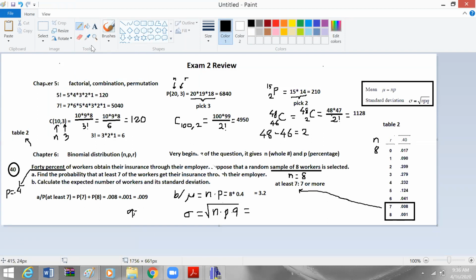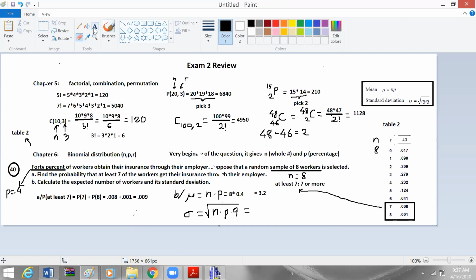I mean, the chance that people get insurance through their employer was 0.4, so the chance that they do not get insurance through the employer is 0.6.